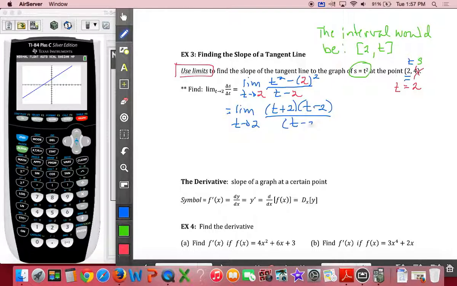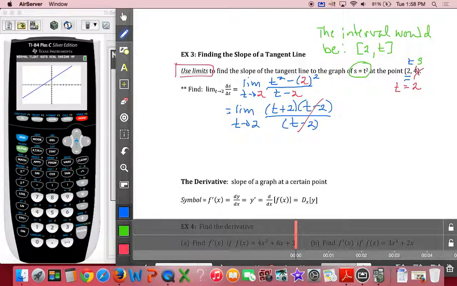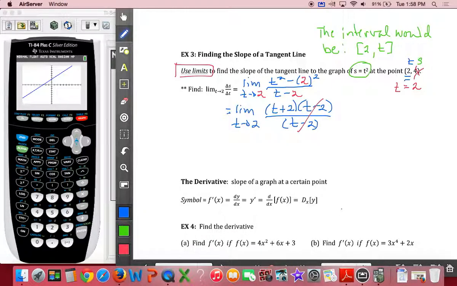So what's happening? Yep, these cancel, which is what we want. And so this becomes our simplified limit, if you will, of t plus 2.